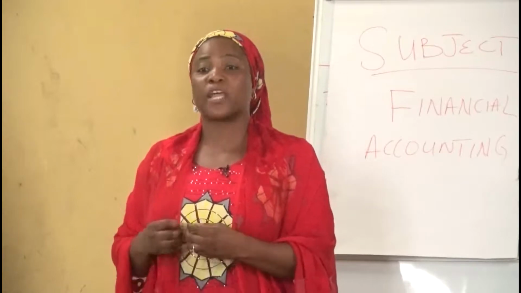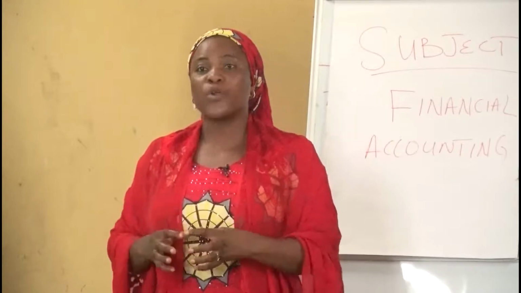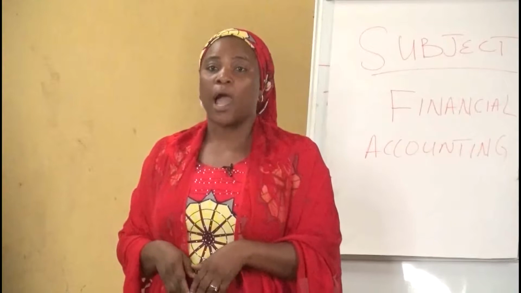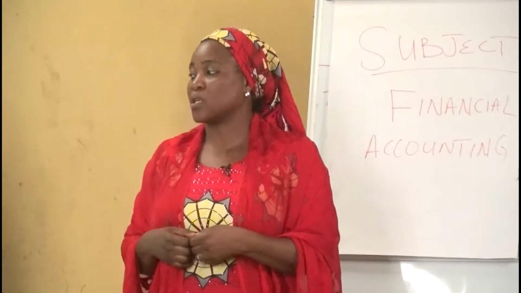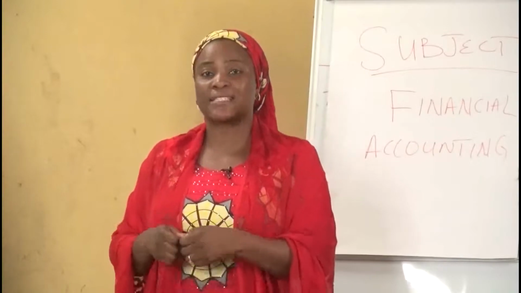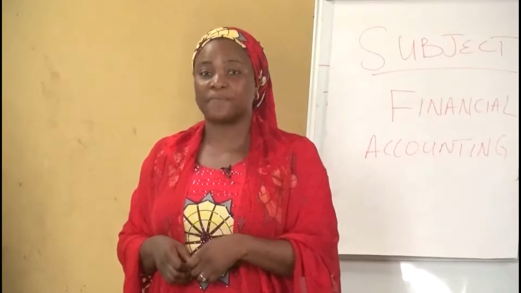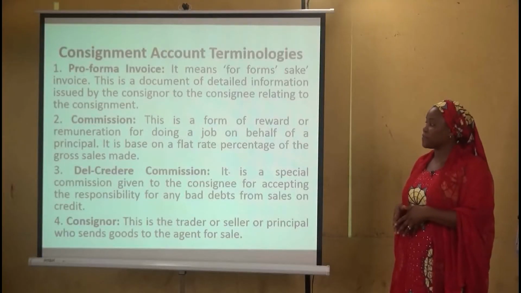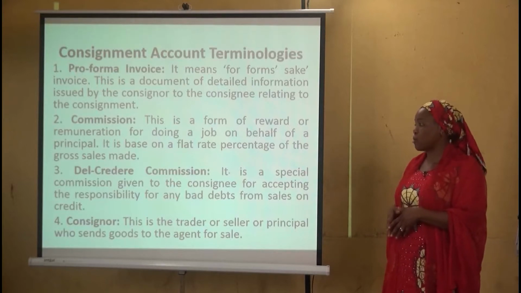The agent is paid a commission, or a reward for what he has sold. Where he is paid a special commission, it is where the consignee accepts responsibility for bad debts or for credits that have not been remitted. So he is paid a special commission called the del credere commission.